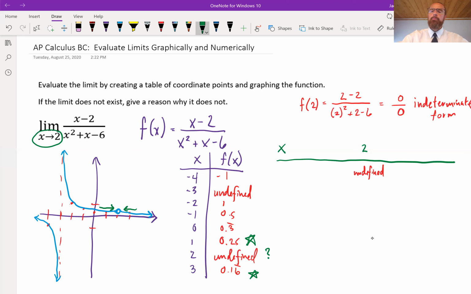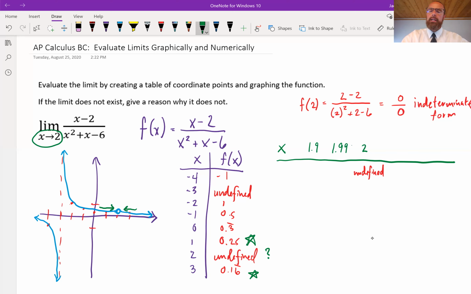So from a table point of view, what I want to do is get really close to 2. The way that I would do so is by saying, what would be the output at 1.99? And then I can investigate, what would be the output at 1.9? In fact, let's make this even closer.